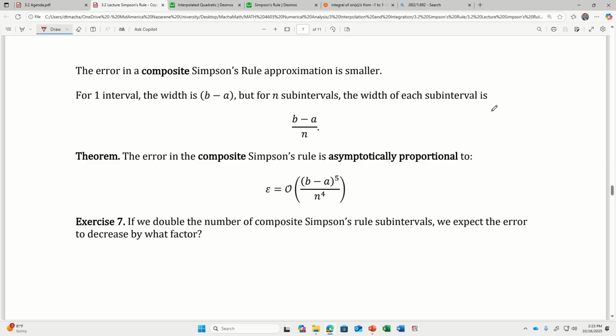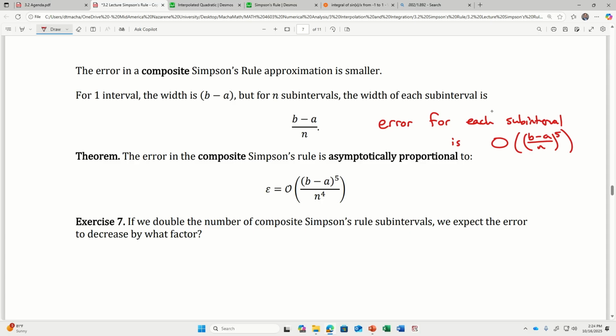And so if I only had one interval, the width would be b minus a, but if I have n intervals, then the width is b minus a divided by n. And that means that my error for each little subinterval is going to be asymptotically proportional to b minus a divided by n to the 5th power.